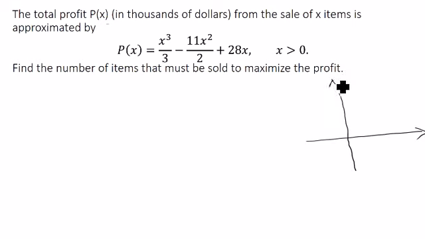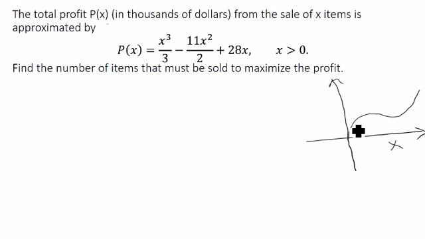If you look at the graph of this function in a calculator, that's how it looks, and this is the value of x. So you might think that the more you produce, the more profit you get, but that's also going to cost you more, because more production means more cost.